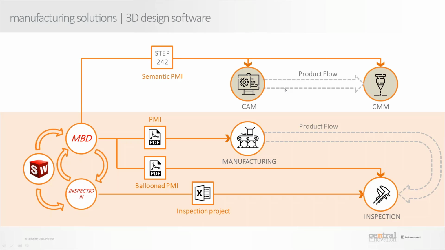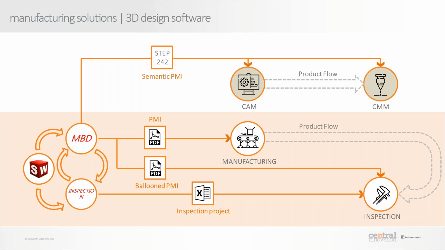But the main feature of going towards the model-based enterprise is the use of the STEP 242 file format, which is semantic PMI, which is machine and human readable. So there are already some of the CAM programs from SolidWorks which are able to read out directly the STEP 242 file format to create the NC code using the post processor directly and actually cut out parts using it. There are also a certain set of CMMs which are able to read the STEP 242 and then create an inspection procedure.